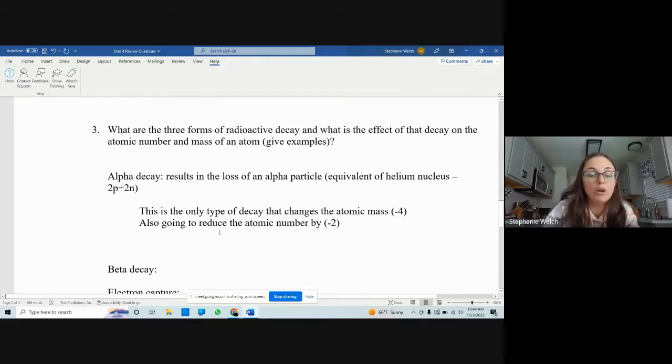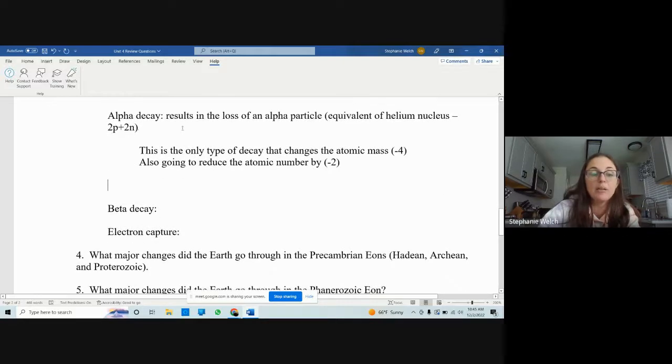So you are going to change the name of the element. You would change uranium to thorium, thorium eventually down to lead through a whole series of decay processes because you changed the atomic number. So it's always going to change effectively the name of the element. And then you're also changing the mass as well because you're eliminating both protons and neutrons. You're not replacing anything with anything else.